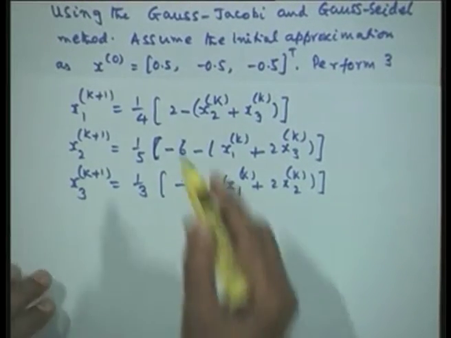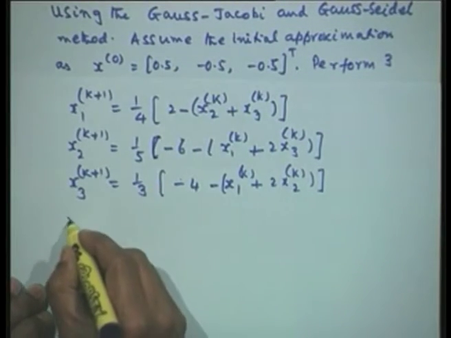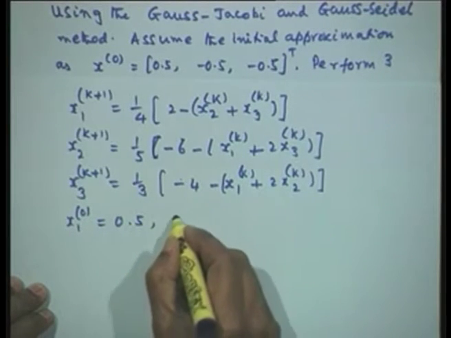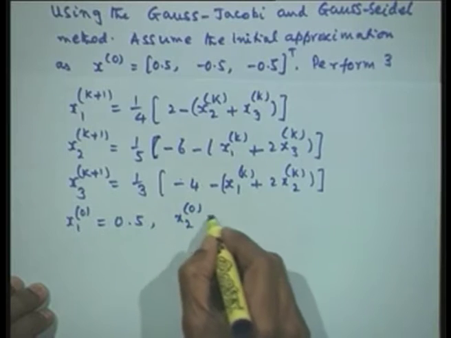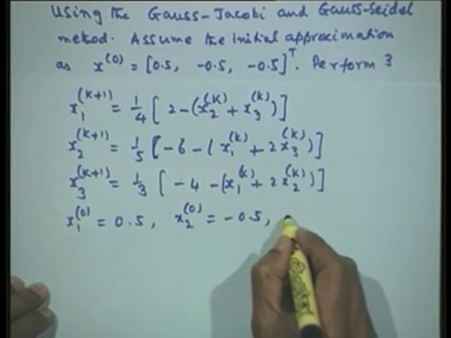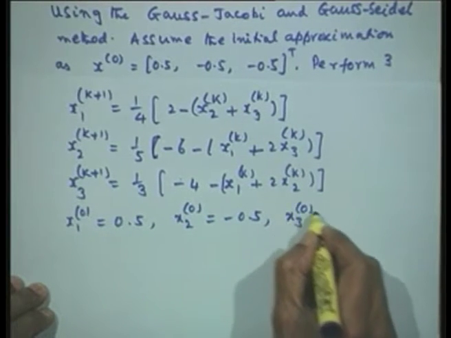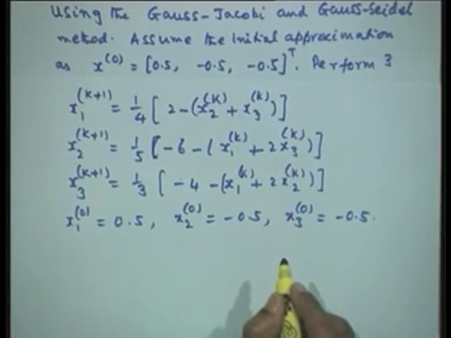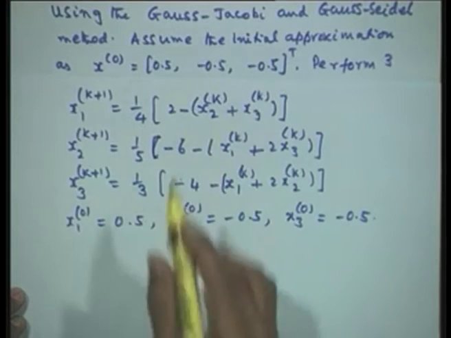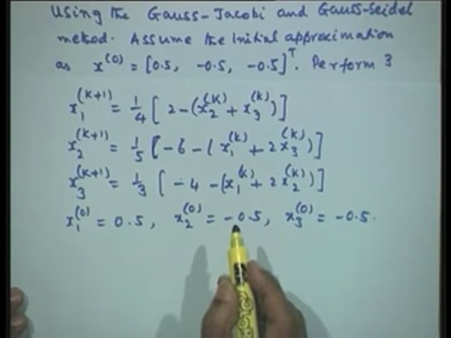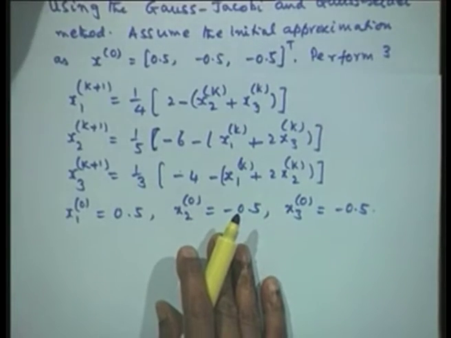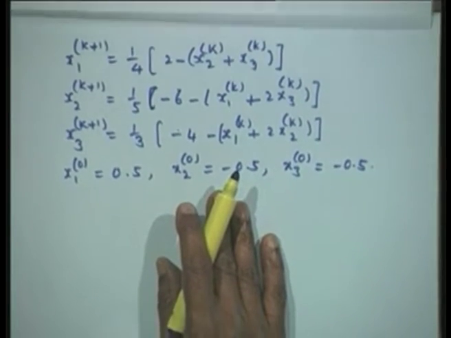Now, we are given the initial approximation as this: x1 of 0 is 0.5, x2 of 0 is minus 0.5, x3 of 0 is minus 0.5. We are given these 3 initial values. So, I just have to substitute these and evaluate. I will give the values that will be obtained over here.